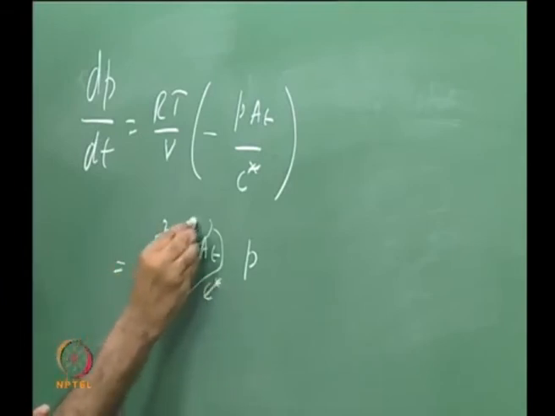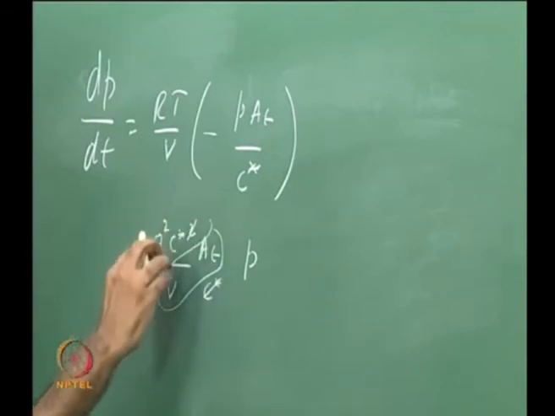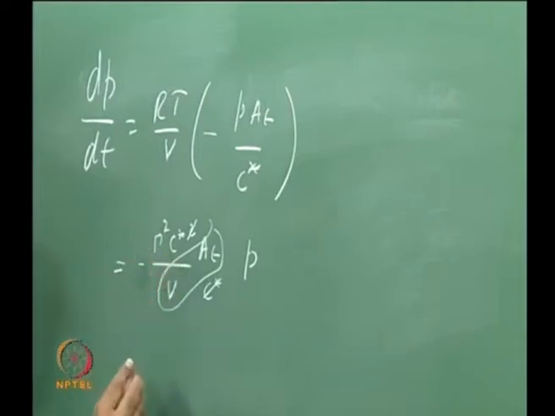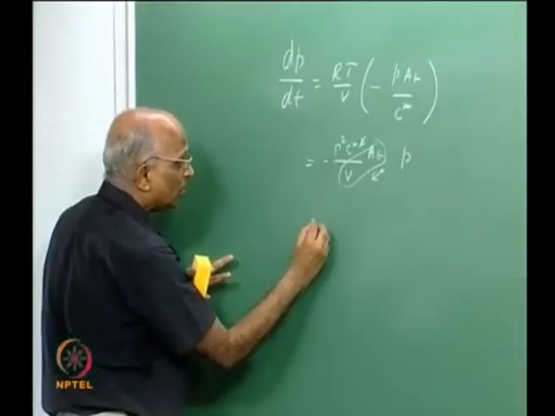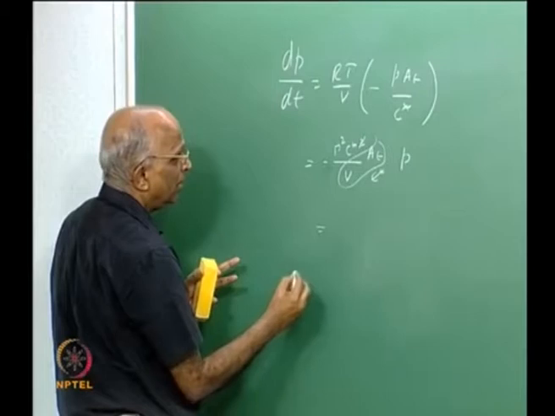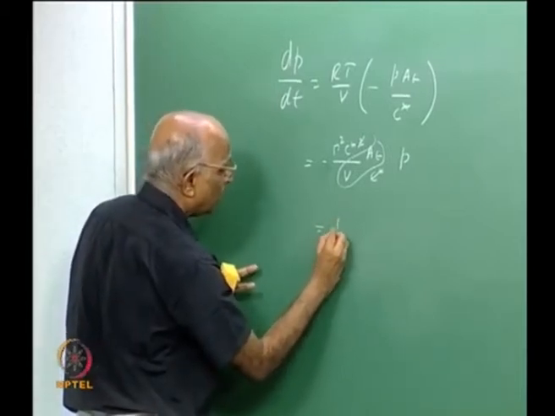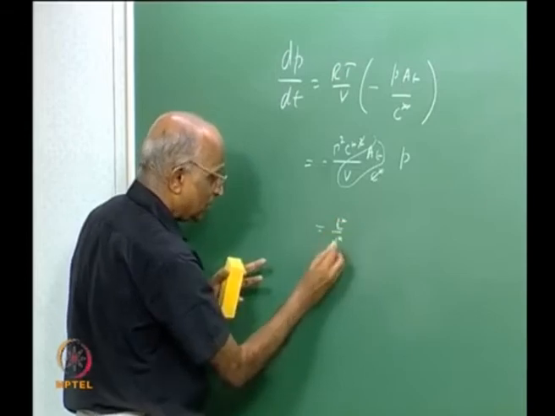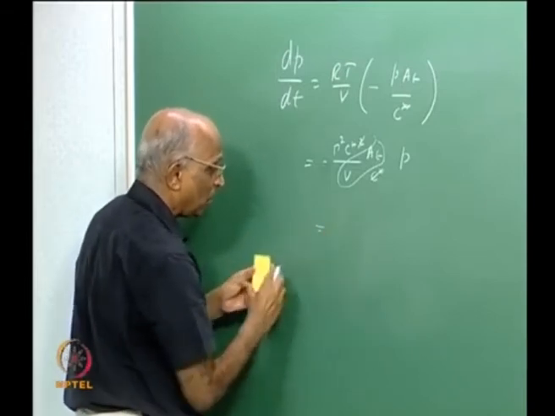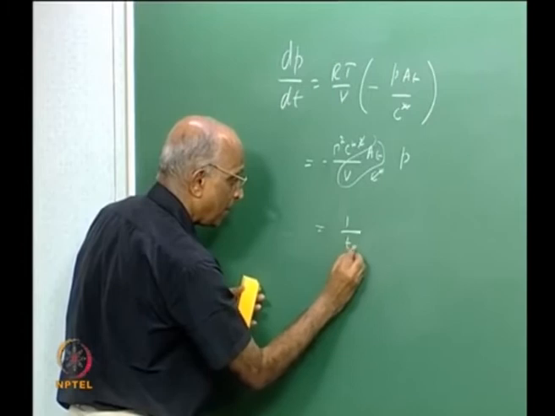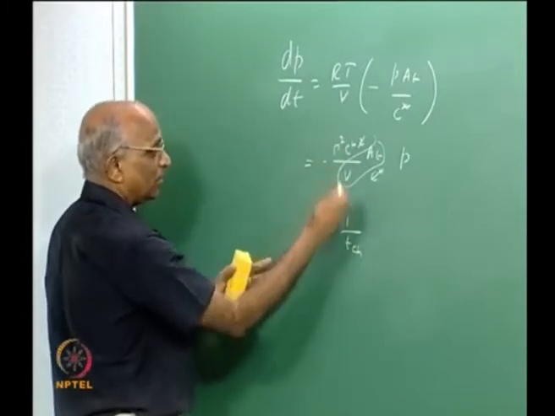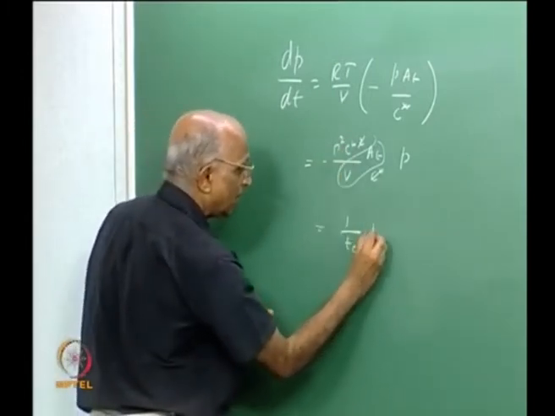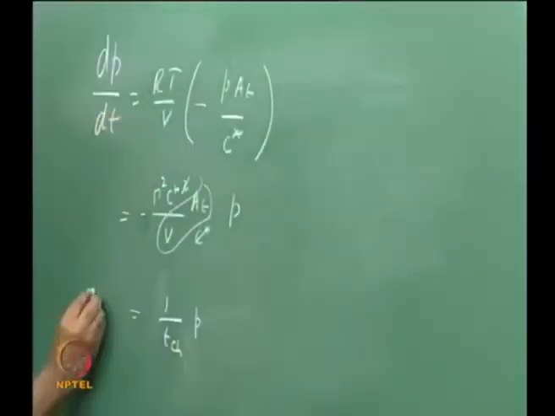Now I have C star over here, this is unit of velocity, this becomes L star over here, and therefore I could also write this equation in the form maybe 1 over L star divided by C star, which is equal to your characteristic time, that is 1 over characteristic time, because length over velocity has a unit of time, and therefore P over here we got this as equal to dP by dt.